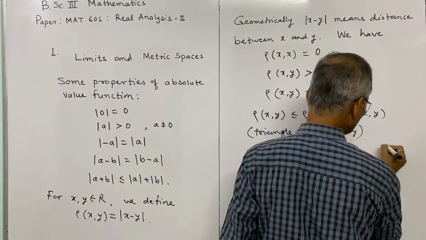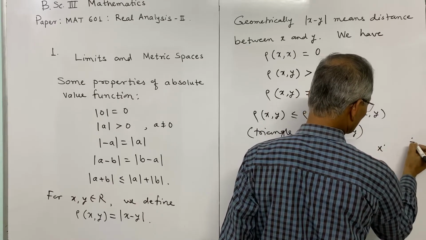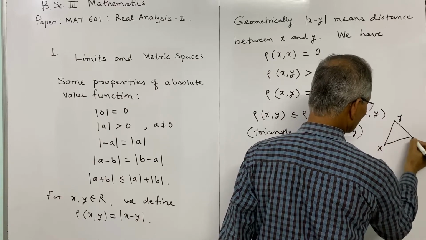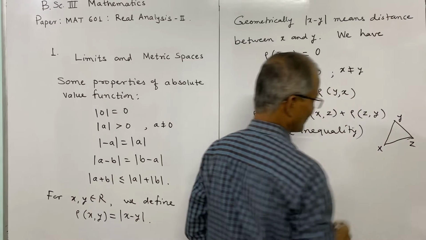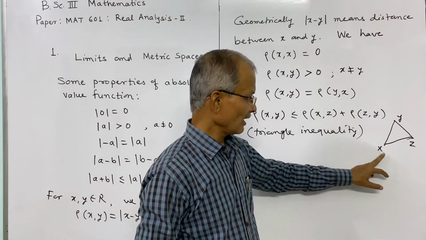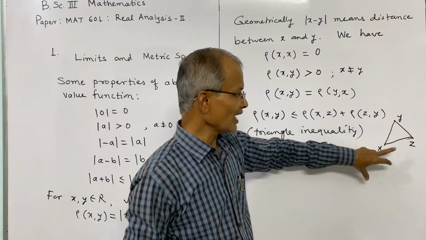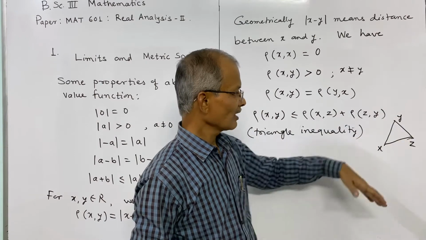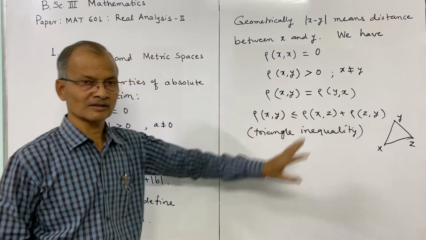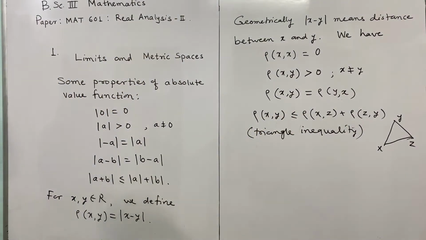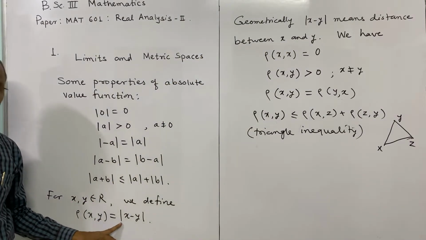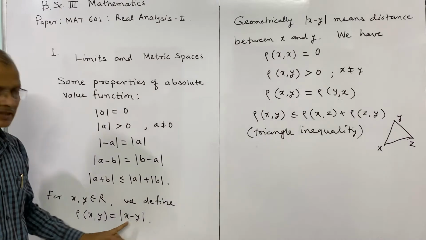Because if we have these points x, z and y, and if you join these points, we may observe the distance between x and y is less than or equal to the distance from x to z and then z to y. So this way the distance is greater than or equal to the distance between x and y. This is the shortest distance. The direct distance is the shortest distance. So these are some properties which are defined through this distance function, the absolute value of x minus y.